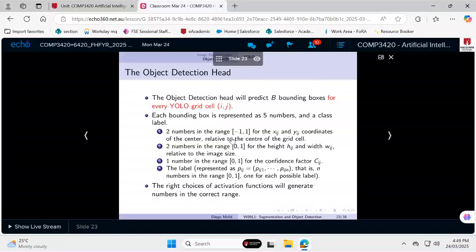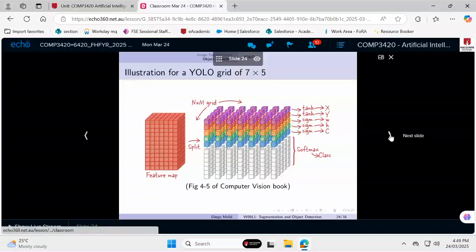That means that the activation function for these two neurons needs to generate numbers between -1 and 1. Now, the regular activation functions we've seen so far, like the sigmoid, softmax, and so on, are between 0 and 1. So you have to use a different activation function for this one, and any will do as long as it is between -1 and 1.